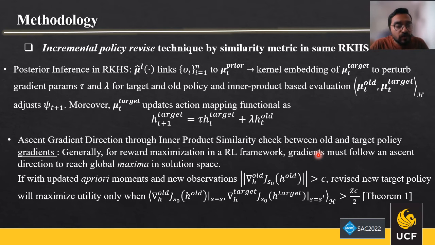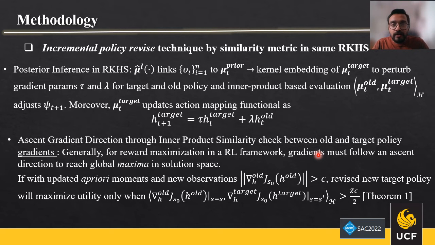We also talk about the gradient direction that we calculate through the inner product based similarity metric between our old and target policy gradients. Since RL is a reward maximization technique, we always need to follow an ascent direction in the solution space so that we can maximize the reward and reach the global maxima.